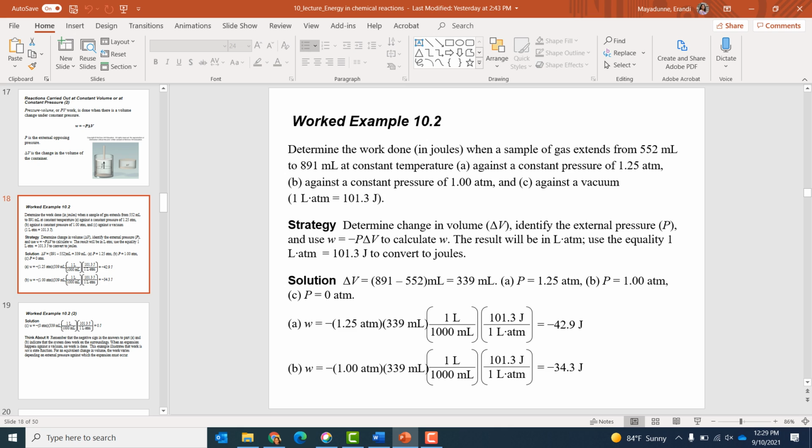The pressure is 1.25 atm, so I have 1.25 atm multiplied by 339.